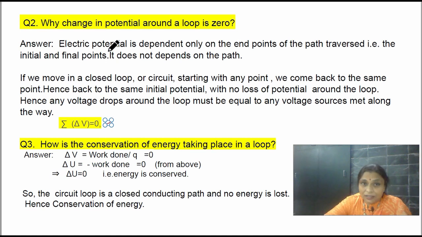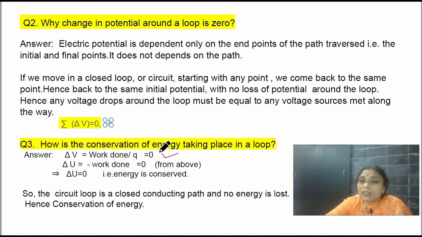Now this second law is based on conservation of energy. So how is energy conserved in a loop? We have learnt the formulas earlier which we are going to use now. Remember the formula for delta V? It is the work done upon the charge. Now in the loop there is no change in potential, so work done upon charge is 0.